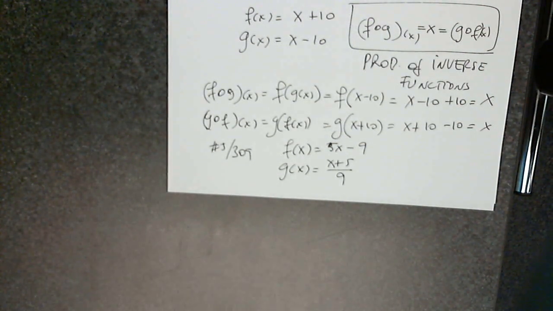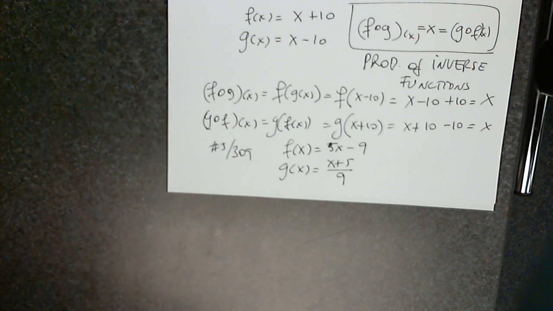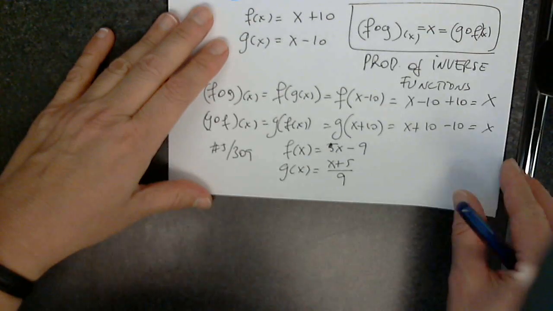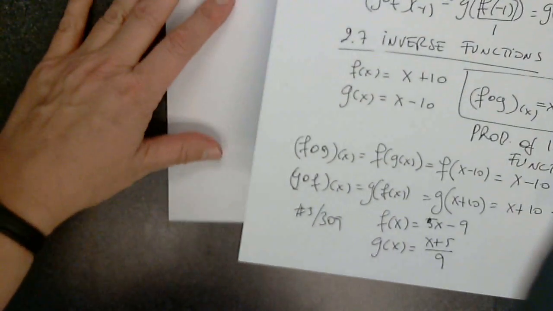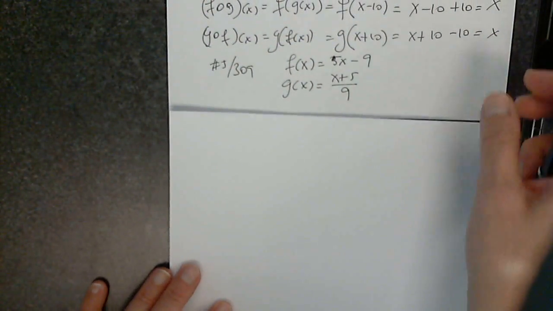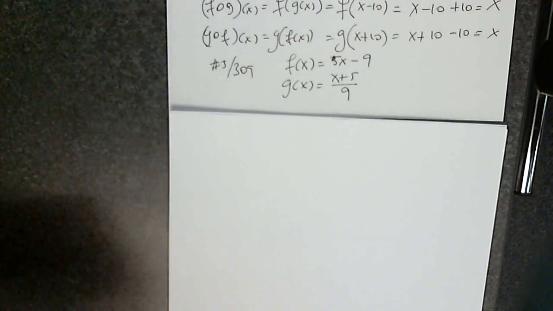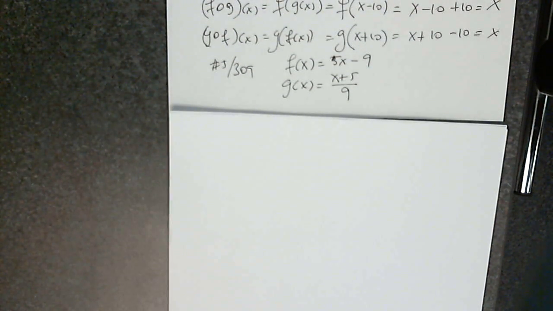I'm asked to show whether f and g are inverses of each other. I don't know. Besides, even if I knew, they asked me to prove. So what will prove that these two functions are or are not inverses of each other? What do I have to do with them? What do I have to find, determine, calculate in order to say yes, they are, or no, they're not?